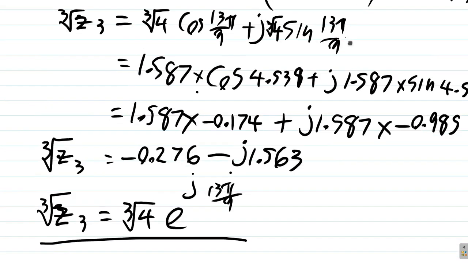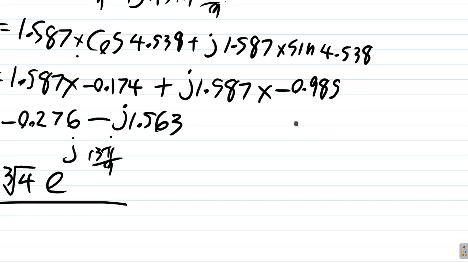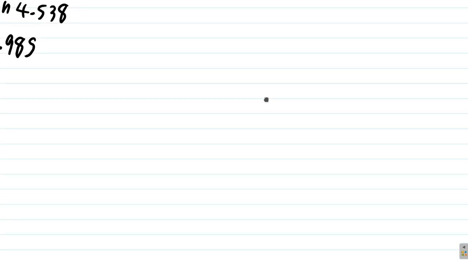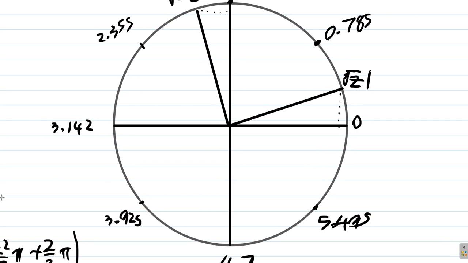And then number 3 now is negative 0.2 minus 1.5. So along the real axis you go a very small distance, minus 1.5, you go a large distance, about here. So this is the cube root of z number 3.